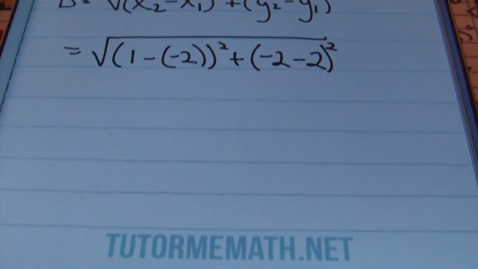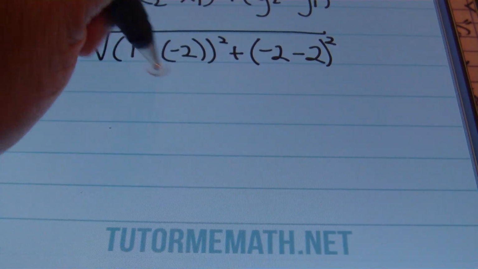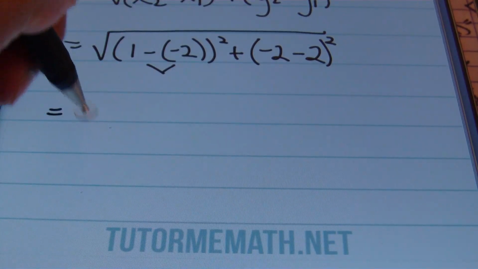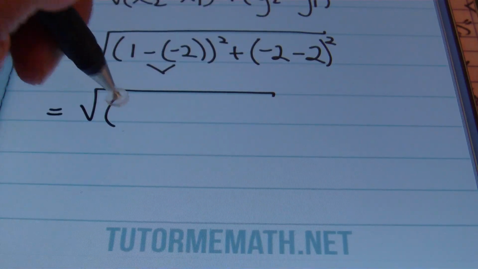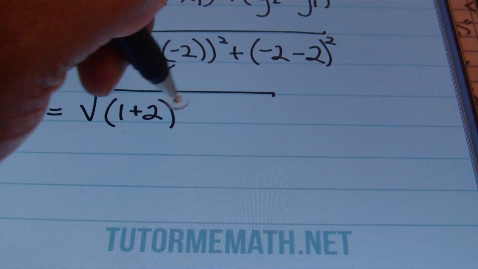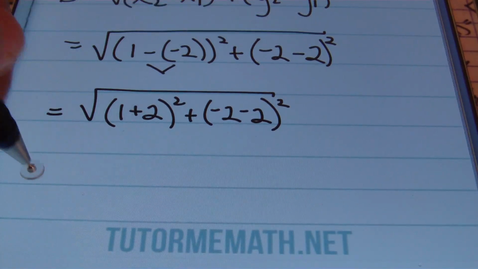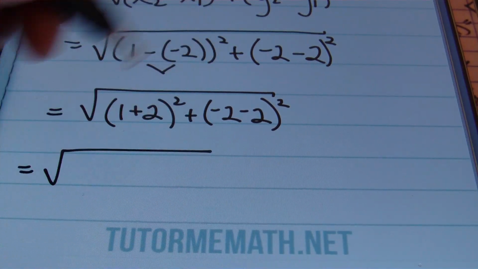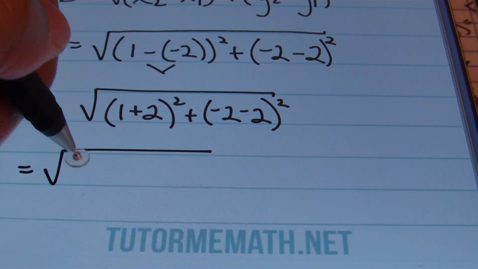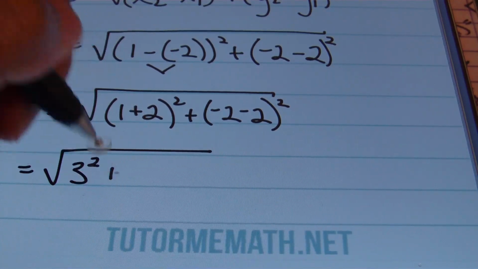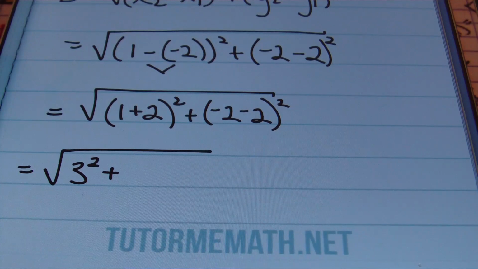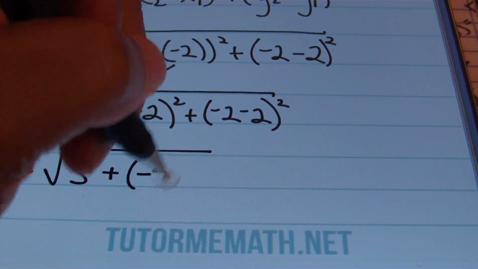I'll be simplifying this expression by combining my signs here, and I'll rewrite this as the square root of (1 + 2)² + (-2 - 2)². From here, we'll be simplifying further. 1 plus 2 is going to give us 3, so that'll be 3 squared, plus negative 2 minus 2 is going to give us negative 4 squared.